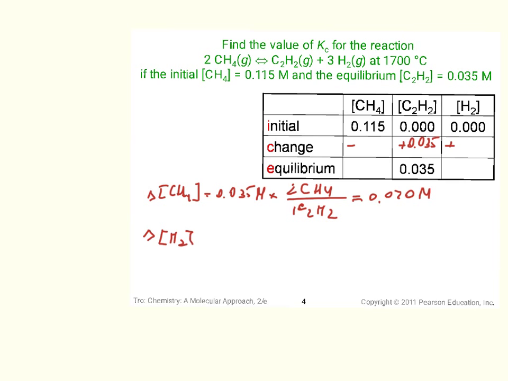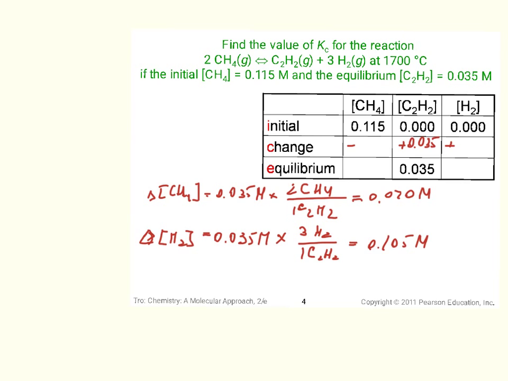Same procedure for hydrogen. The change in concentration of hydrogen is going to be 0.035 molarity times, this time, 3 hydrogens over 1 acetylene, and this is 0.105 molarity. Excellent.